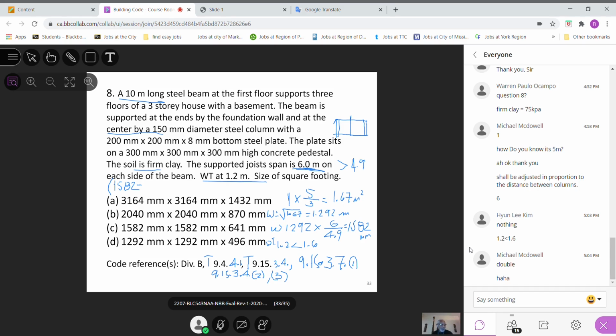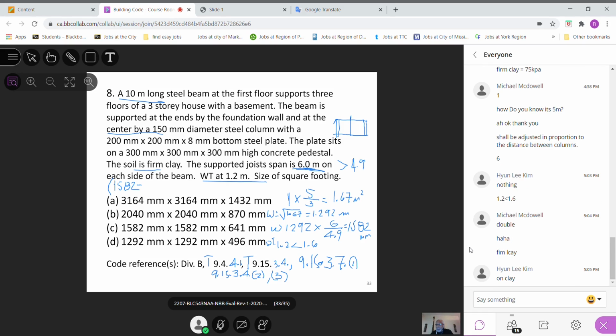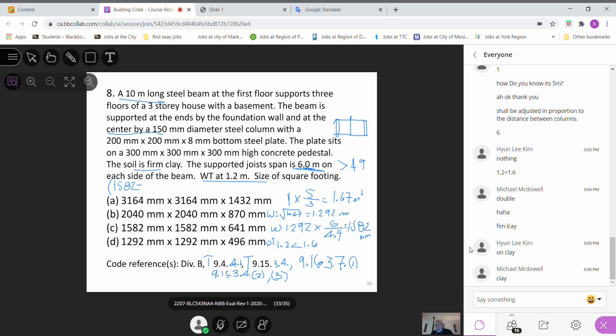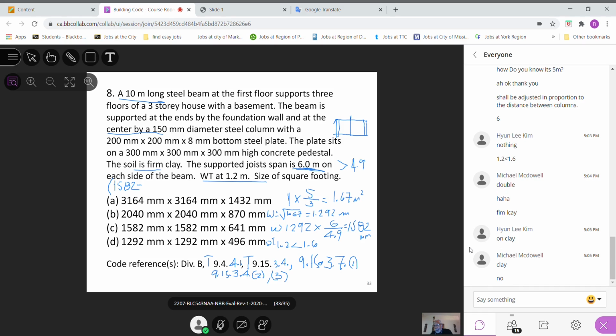When you read that, are you of the same opinion? Okay, so it's clay. So what do we have to do? Double or not? Great. So we don't have to double.